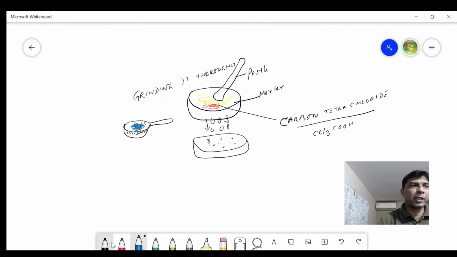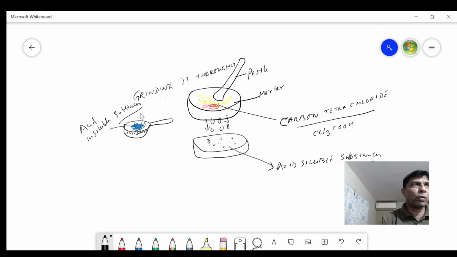The substances which get dissolved are known as acid soluble substances, whereas these are known as acid insoluble substances, which are also known as retentants.